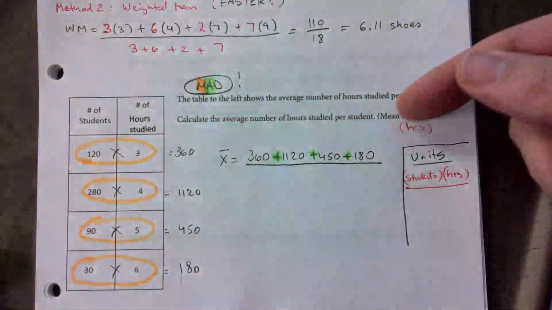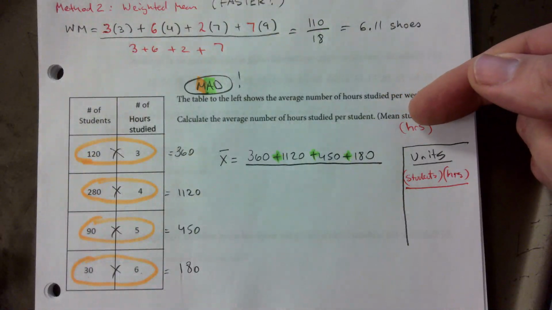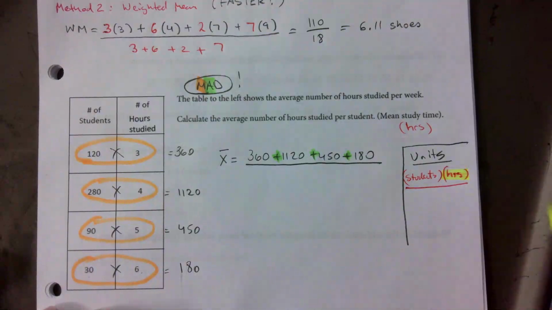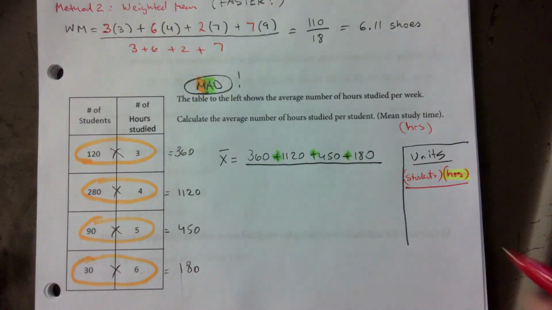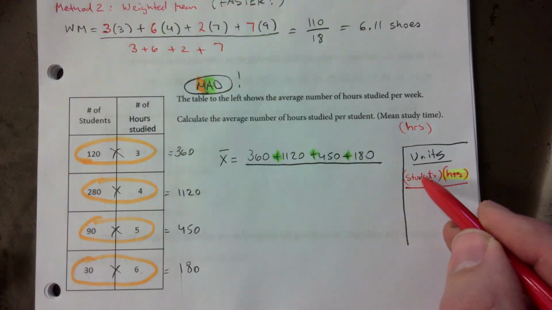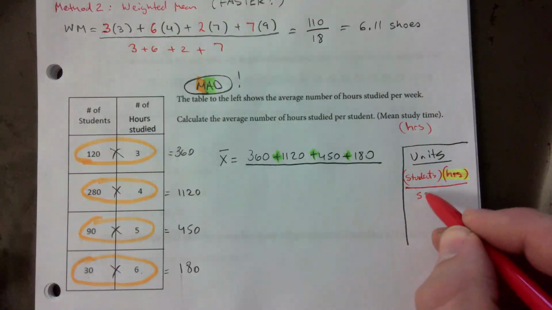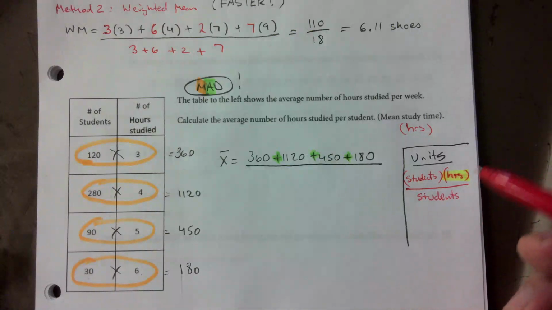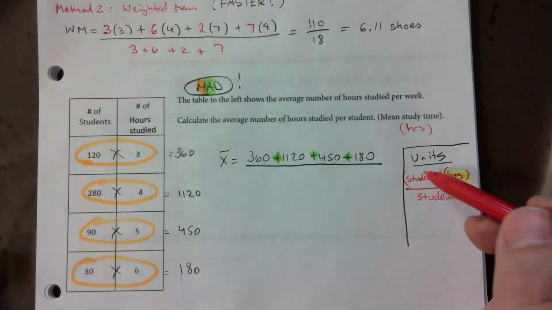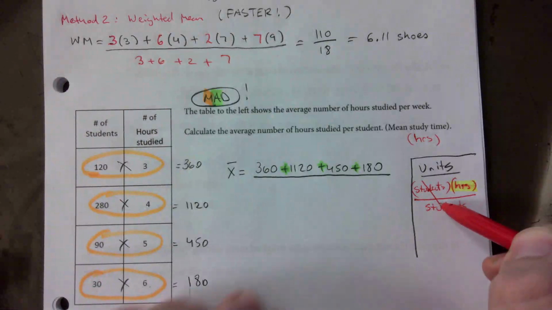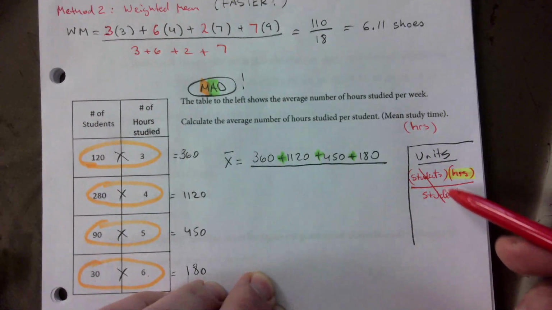It's asking us for the mean study time in hours, correct? We want hours to stay. So what would we divide by? We would want to divide by students. We want to get rid of students. That sounds very wrong, right? In this case, don't be thinking mean things here. Students crosses out.